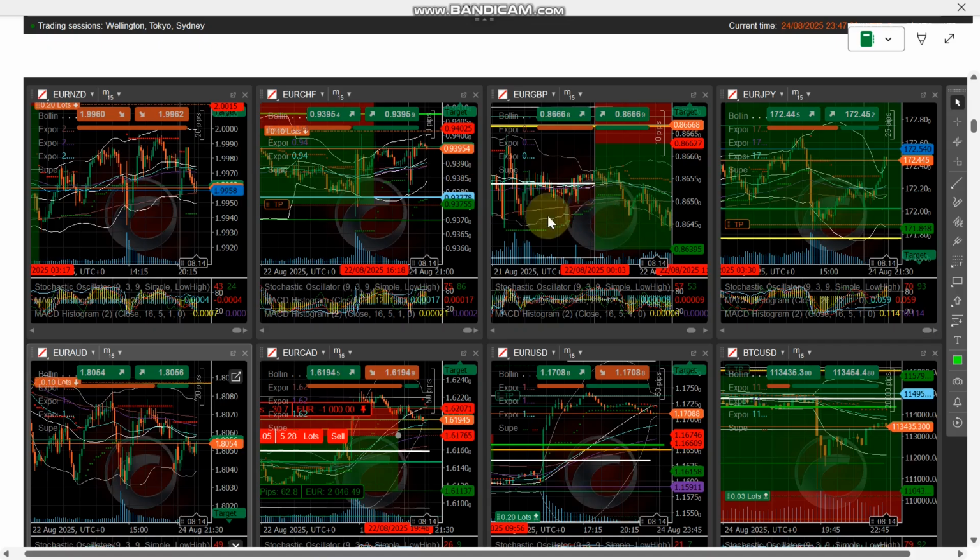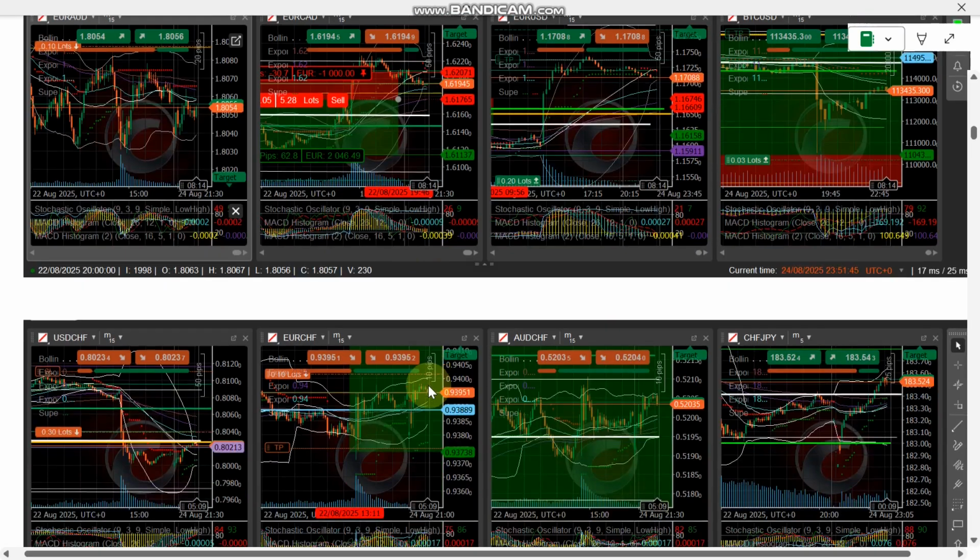When I take a picture, something happens. So anyway, don't worry about this. Just look at the MA. It's going down and up. Euro GBP. This green and red thing means I already put limit orders.